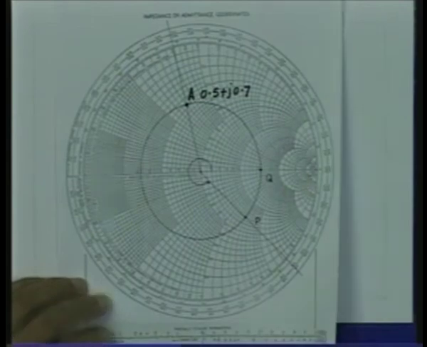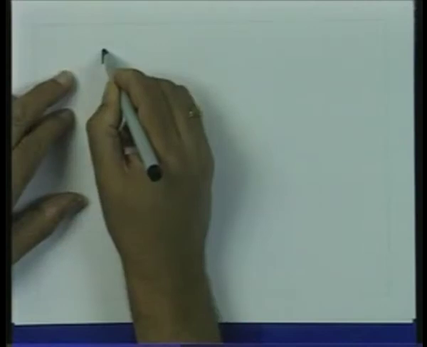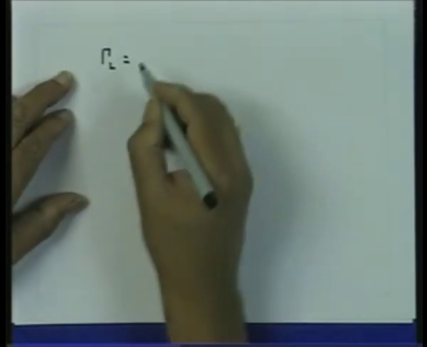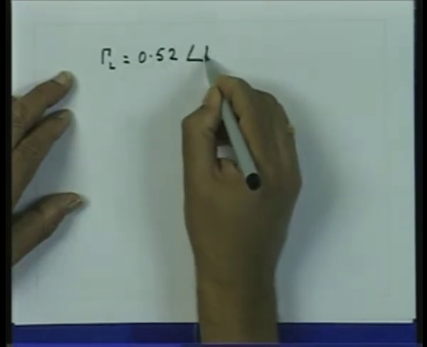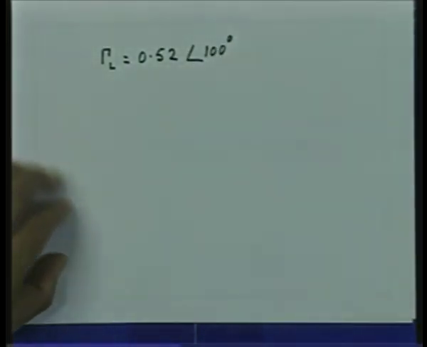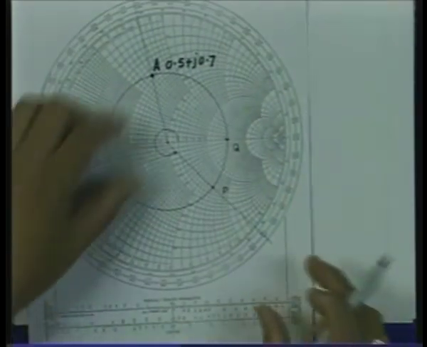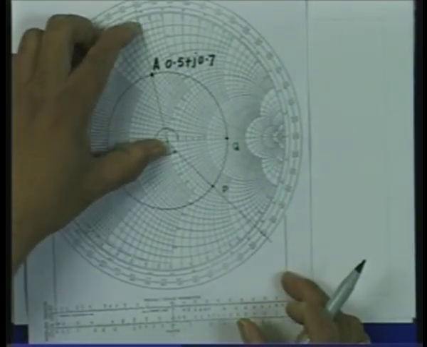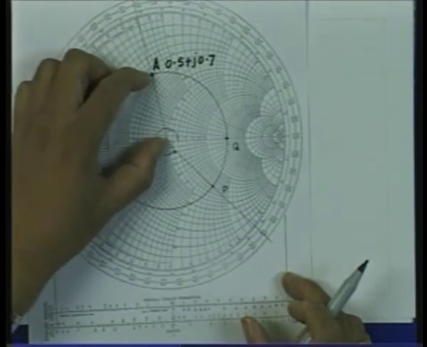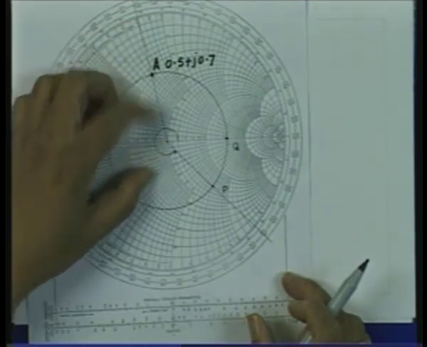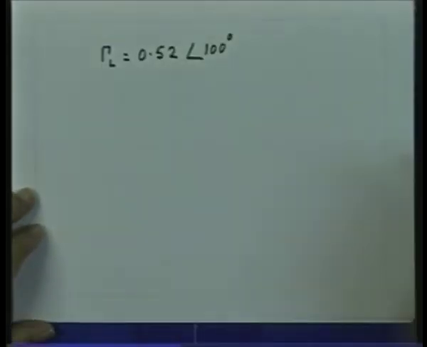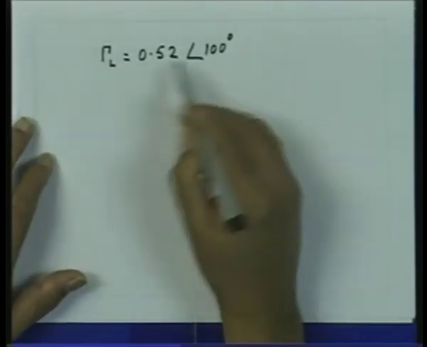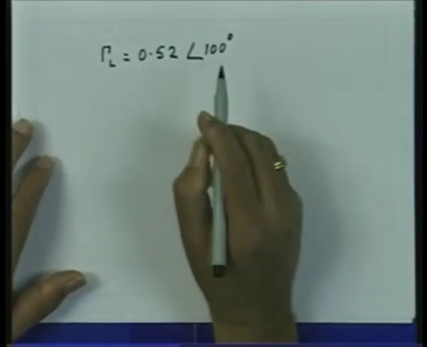So, if I do that, I get gamma L in the polar form, that will be 0.52 angle 100 degrees. You can see from here, this is almost half of this radius. So, the magnitude of the reflection coefficient is 0.52. This angle is close to 90 degrees, so its actual value is 100 degrees. So, in polar form, the reflection coefficient is 0.52 angle 100 degrees.